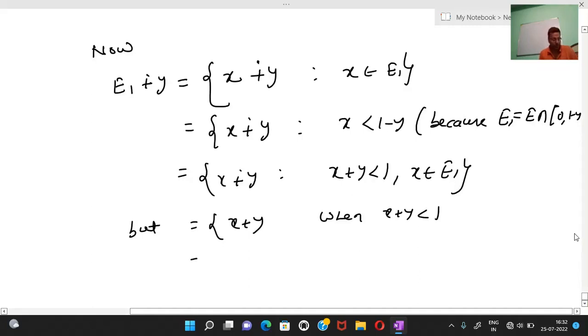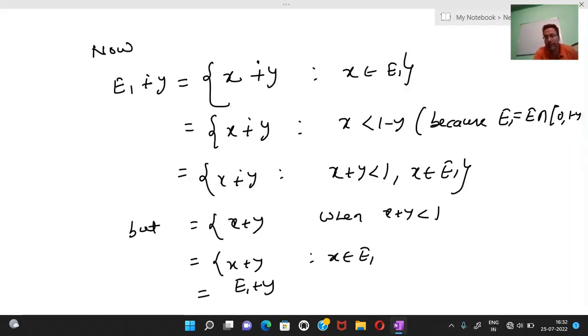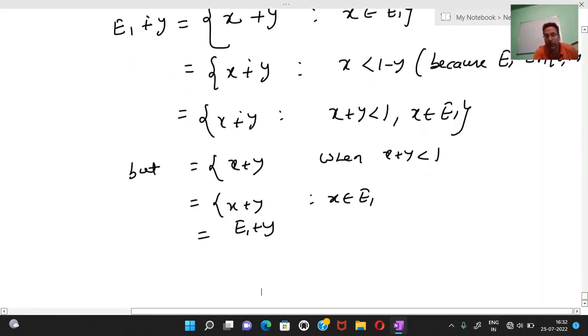Okay, it is x plus y such that x belongs to E1. We can write it as E1 plus y. Then the first part we get here is m of E1 plus dot y. What is the first part?